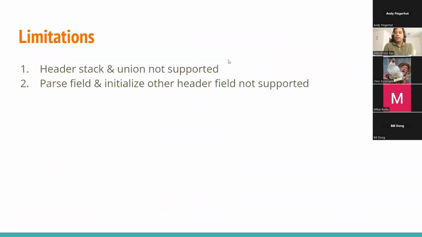Again, if you have written a header stack or union in the parsing, that will not be supported here. And in the P4 language, you can actually parse a field and write some initialization in the parser logic. That part is not yet supported in my compiler backend.